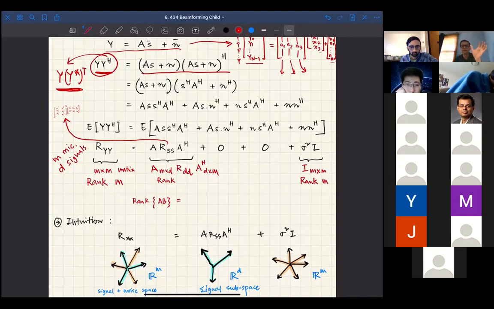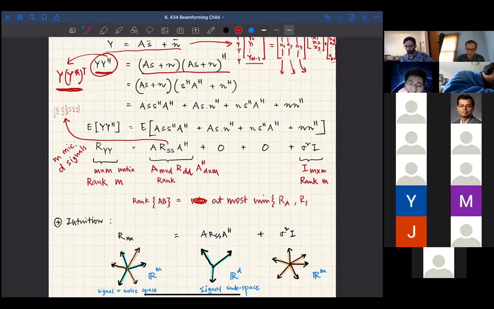If I give you the rank of A and the rank of B, can you tell me the rank of the product AB? Was it at most the minimum of the two matrices? Exactly. So this is at most the minimum of rank A, comma rank B.